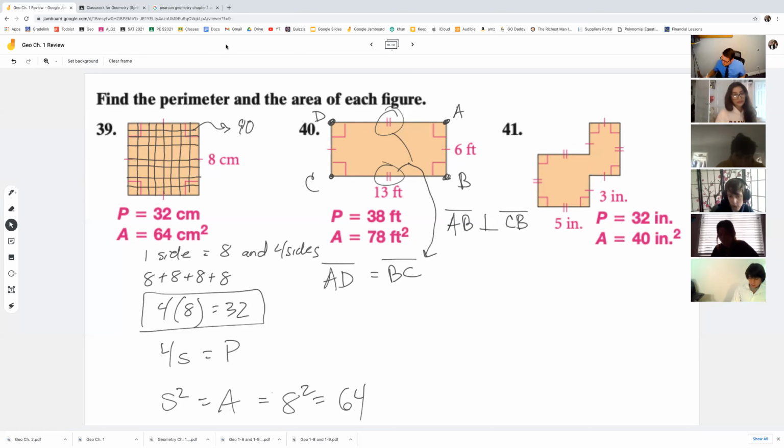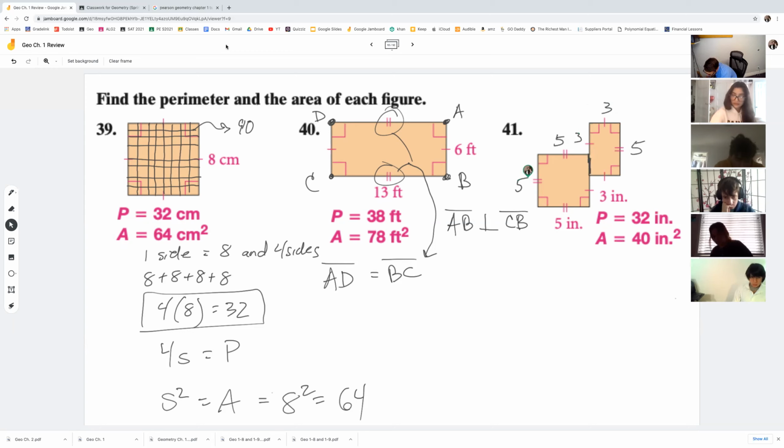Now, where I actually want to focus our attention is on this one right here, because this one's a little more complex, and you have to use some logic to figure out what is happening here. Basically, you have 2 shapes. When you do the perimeter, you have to understand these double lines. So this would be 5, 3, 3, 5, 5.